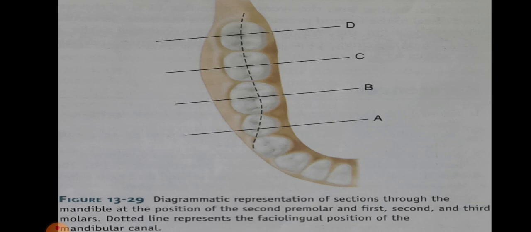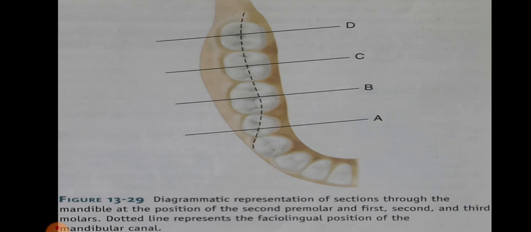The position of the mental foramen relative to the mandibular premolars and first molar can be described as follows. The foramen is between the first and second premolars 33% of the time, in line with the second premolar 11% of the time, and distal to the second premolar 56% of the time.